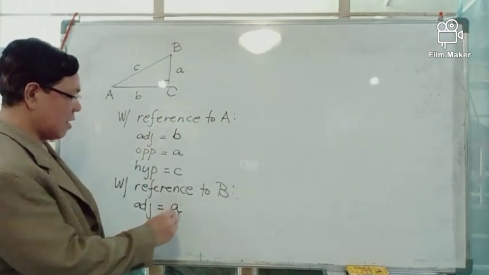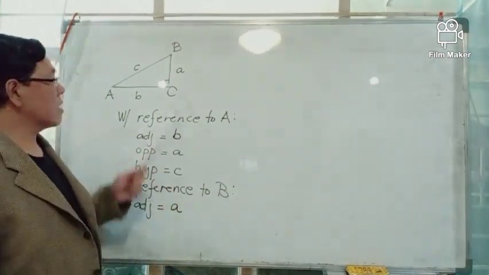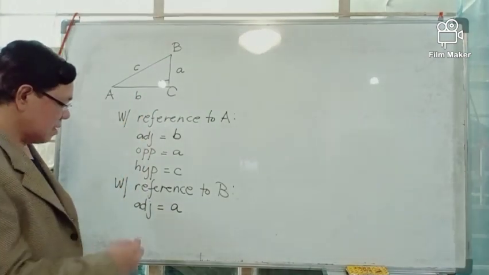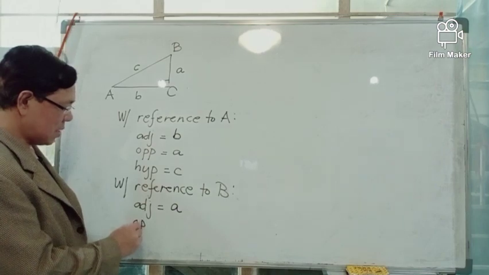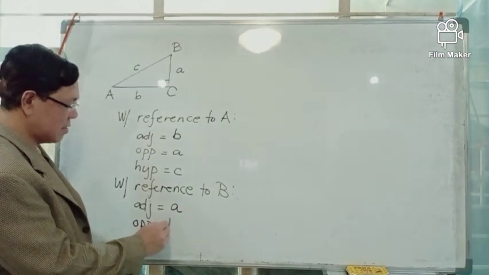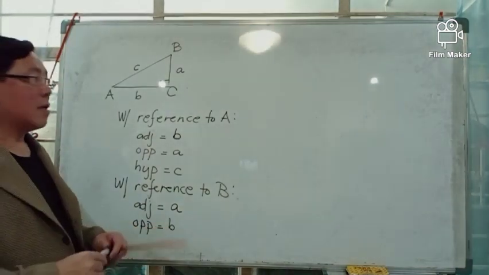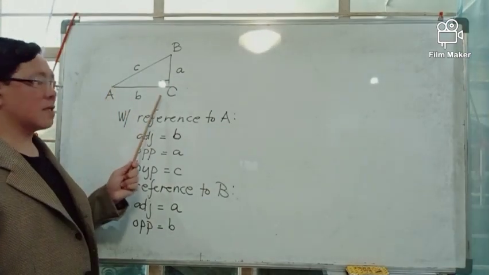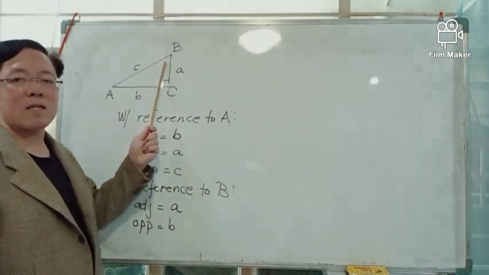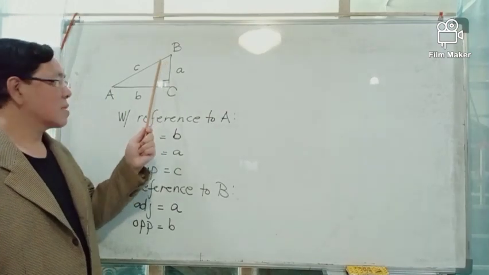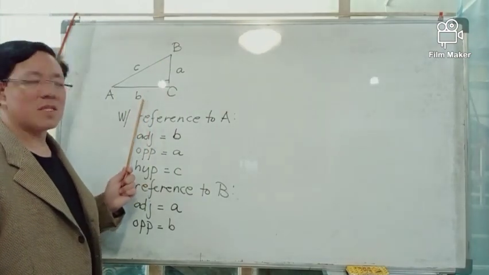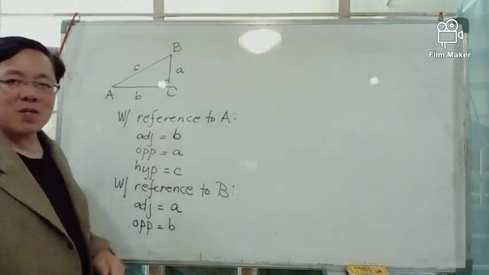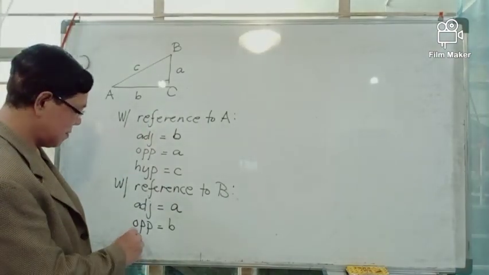Now the side opposite angle B is small b. Small b is called the opposite side. And this side b through the vertices A and C is not connected with angle B, but small b is opposite angle B. And the hypotenuse is still c.